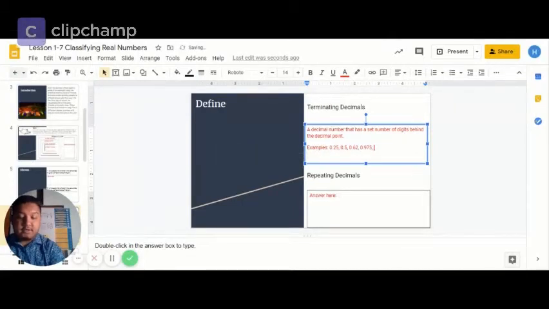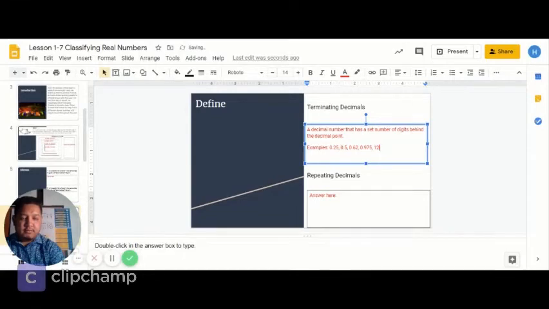Okay. It can also include numbers that have a whole number, and then we add a digit behind the decimal, making that a rational number.